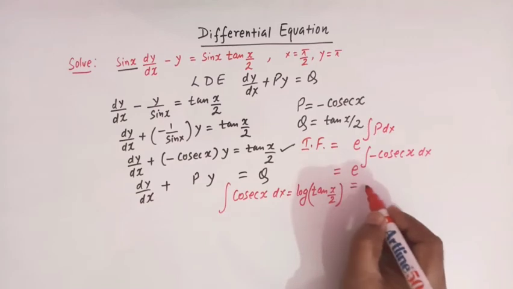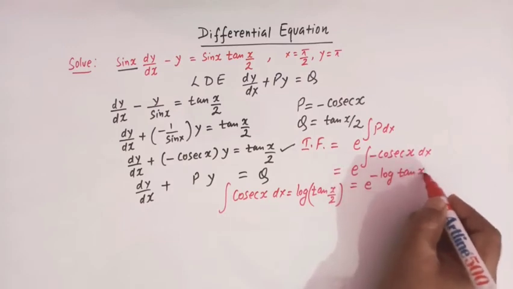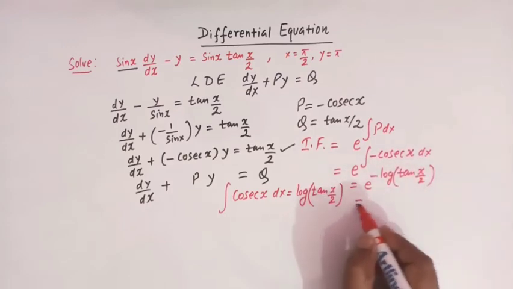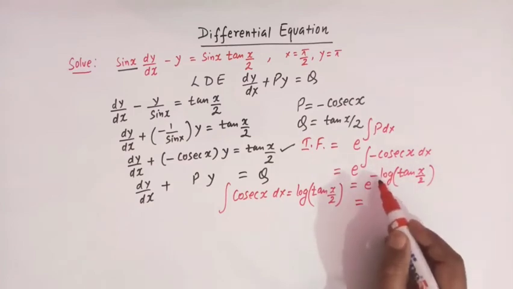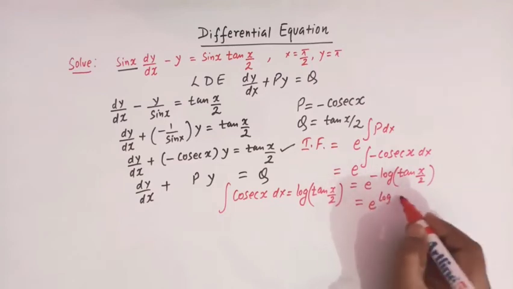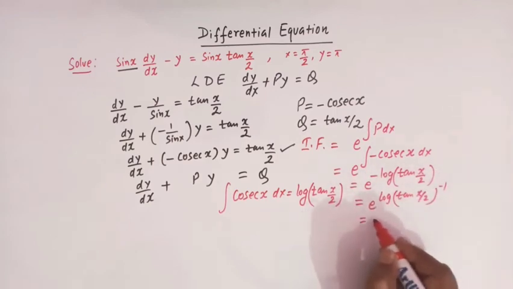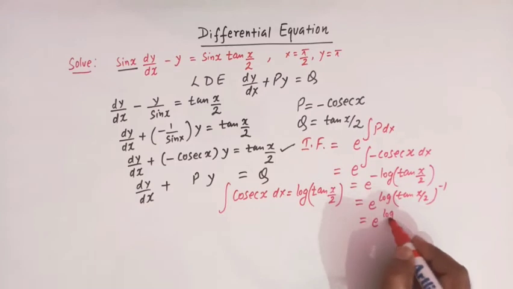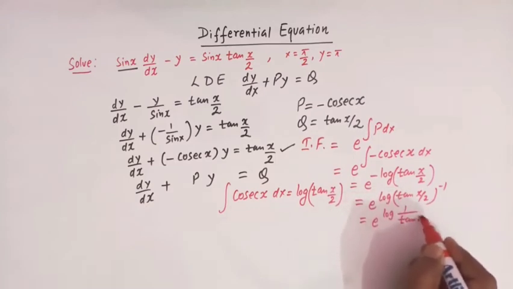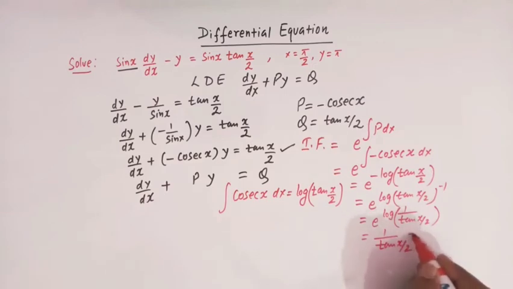So now we have e raised to minus log tan(x/2). From the properties of log, we can write it as e raised to log of tan(x/2) raised to minus 1, and this can be written as e raised to log of 1 over tan(x/2), which is 1 over tan(x/2), that is cot(x/2).